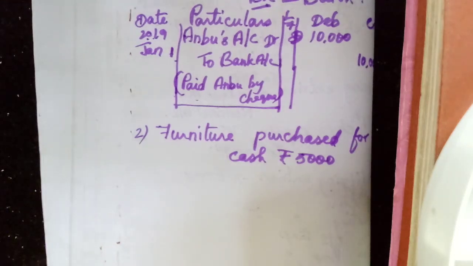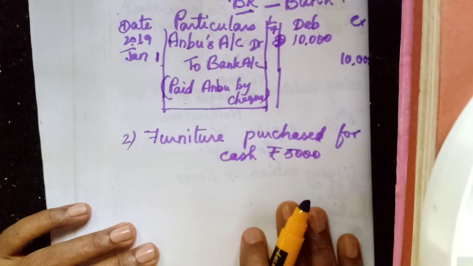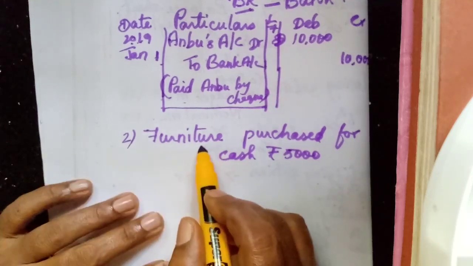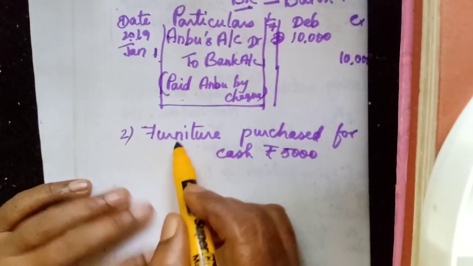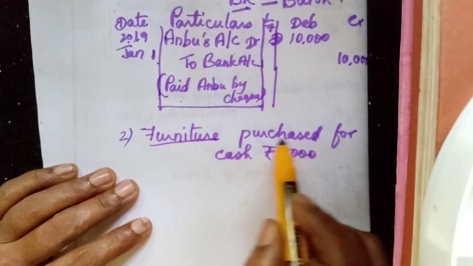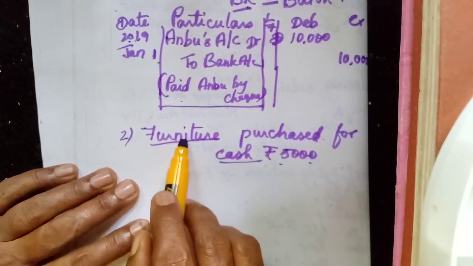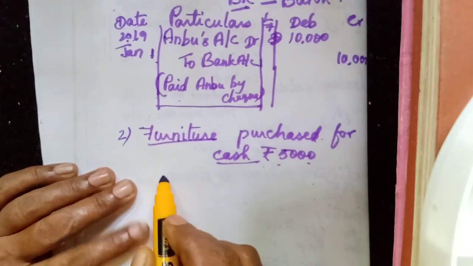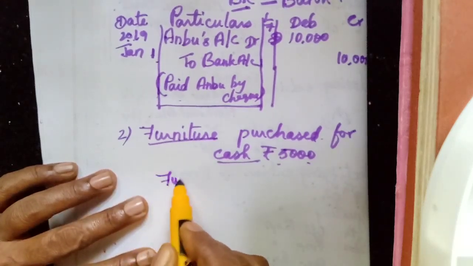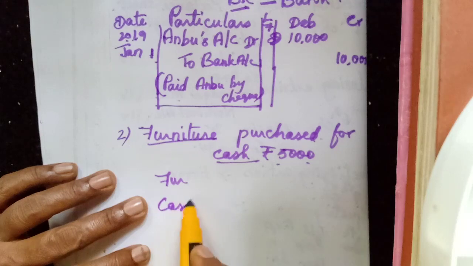We have to identify the accounts, minimum two accounts. Here one is furniture, then another one is cash. So we are purchasing furniture, so both are furniture and cash.